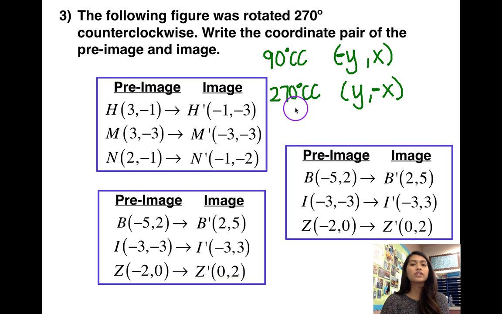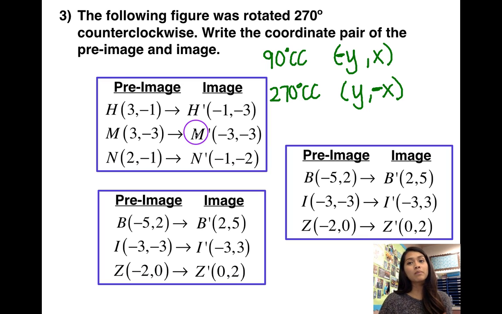Then when I go to a 270 degree rotation, I understand 270 is larger than the 90 degree, so that's why I take the opposite of the second value. Now that's just my way of memorizing the rule. You can totally come up with your own. If there's something better, that's great. However, if you feel this would suffice, feel free to use this method.